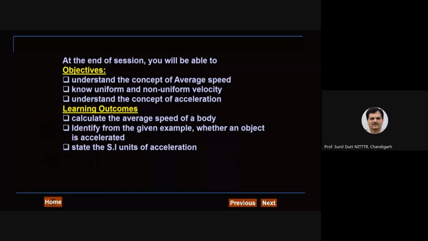Understand the concept of average speed, uniform and non-uniform velocity, understand the concept of acceleration, and learning outcomes are calculate the average speed of a body, identify from the given example whether an object is accelerated, and state the SI units of acceleration. Now in this screen you will have three buttons: home, previous, and next. Now we'll move to next.